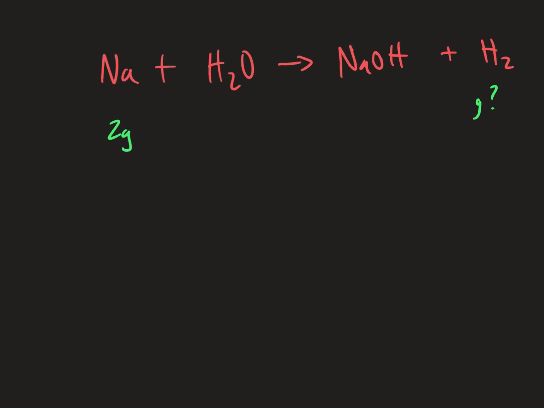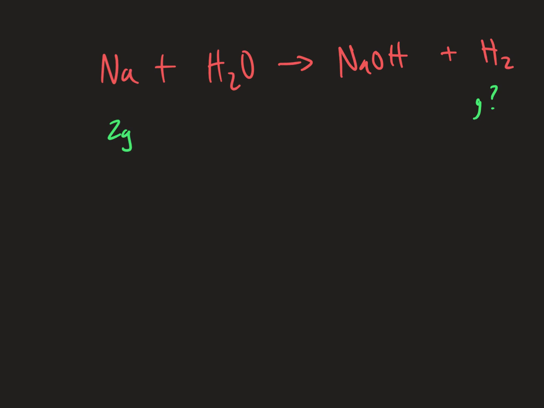Okay, what's the first step? Balance the equation. You have to have a balanced equation from here on out, ladies and gents. You just have to. If it's not balanced, then you're wasting your time, okay? So, is this one already balanced? No, it's not.